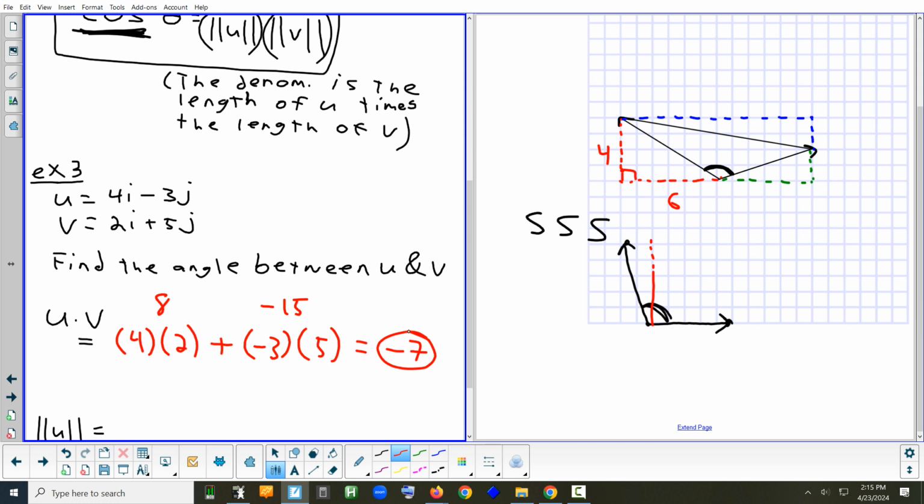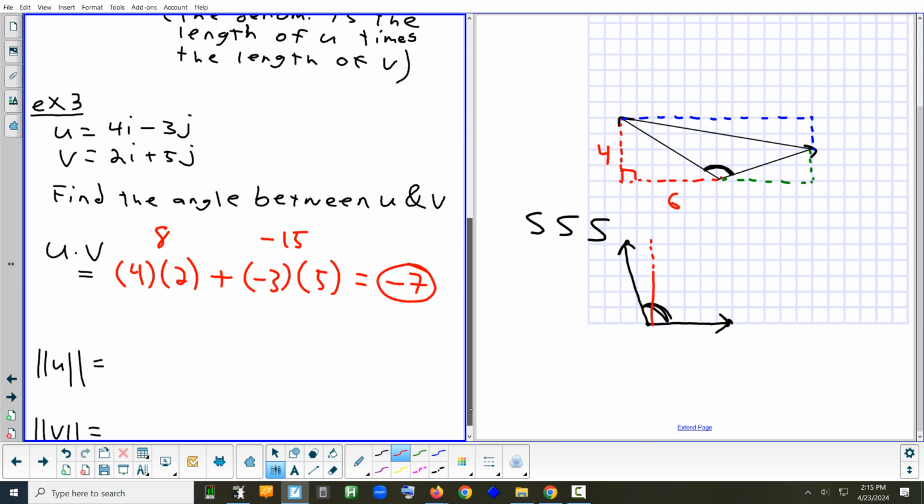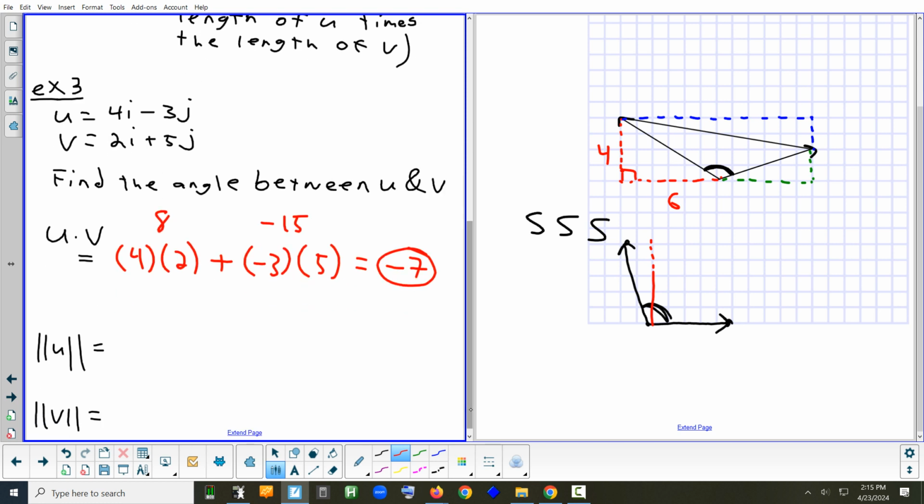Okay, the next thing is the magnitude of u. What symbol do we always start out with when we're finding magnitude? Square root. The whole thing goes under the square root.